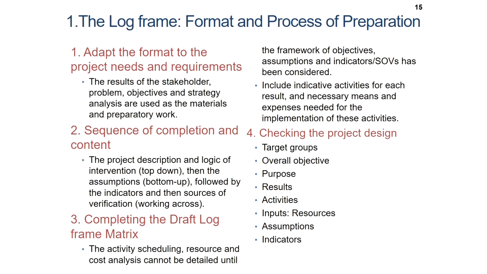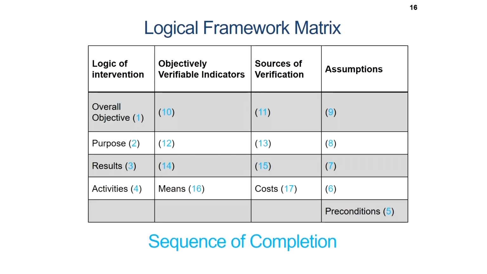So, we know who are the target groups, overall objective, purpose, results, activities, the resources used, assumptions and indicators. So, this is how a logical framework matrix looks like. There are 4 columns starting with logic of intervention, objectively verifiable indicators, sources of verification and assumptions.